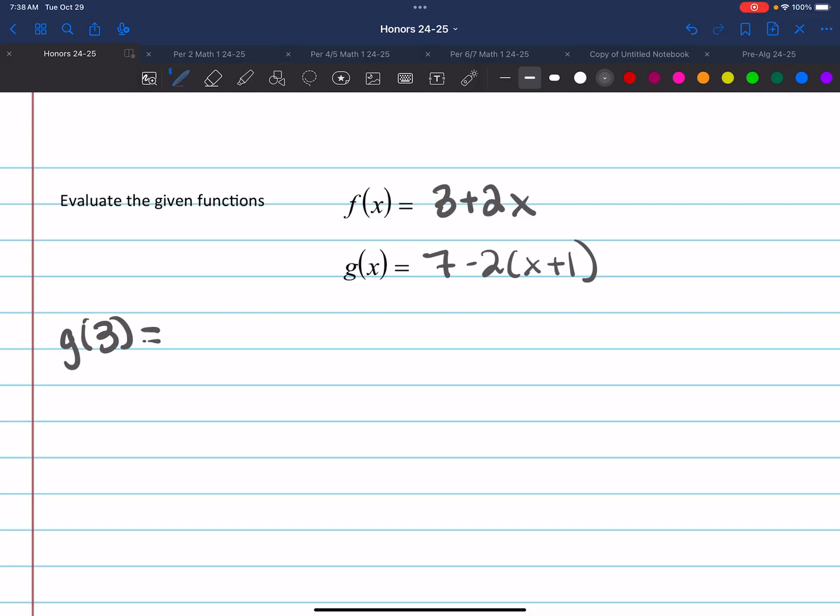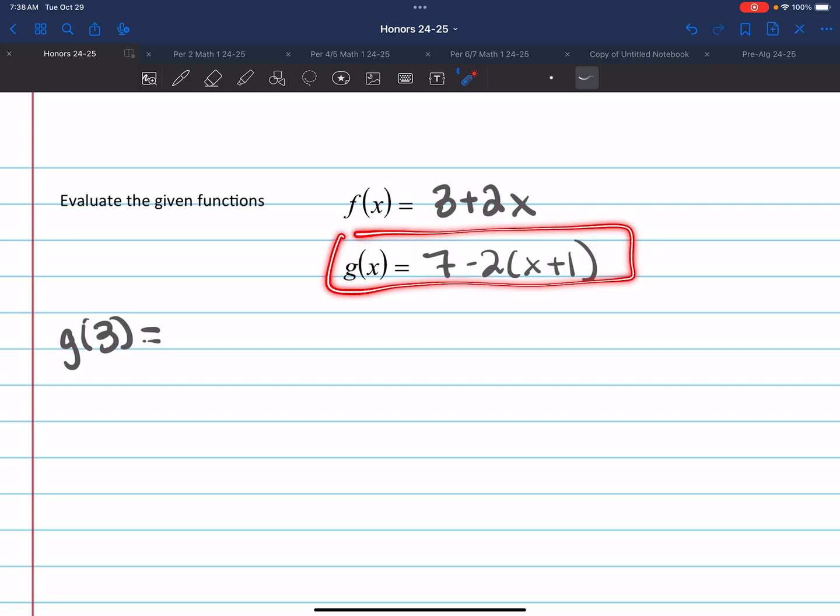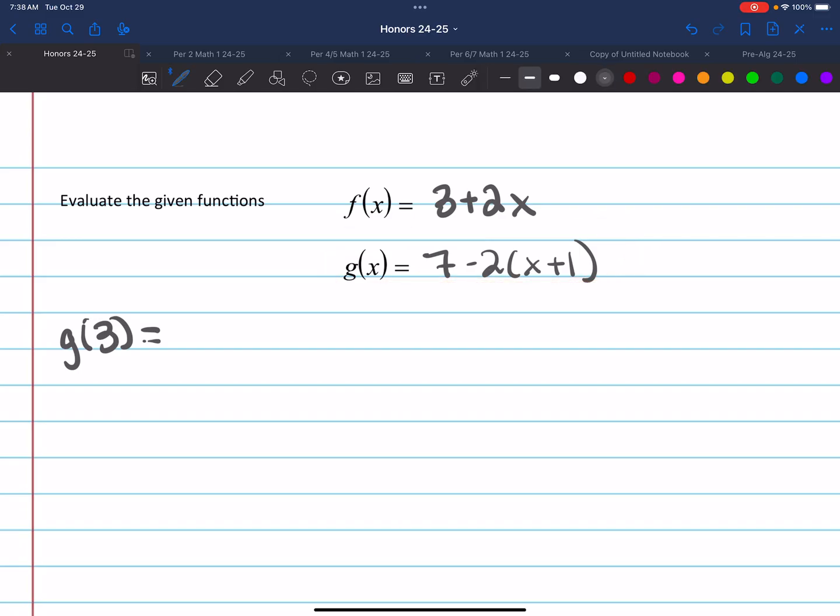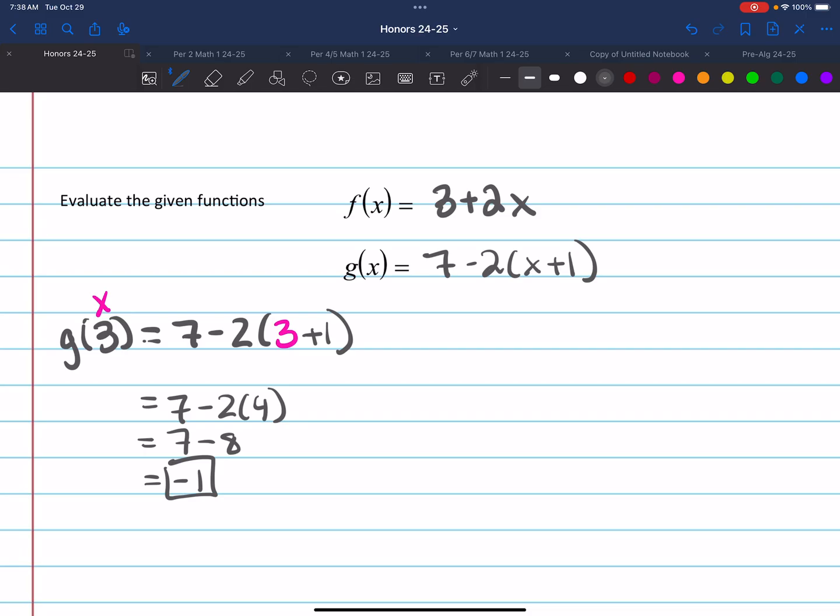I'm going to use the g of x equation here, but instead of x, I'm going to replace all my x's with this 3. So when I rewrite this, I got 7 minus 2 times 3 plus 1. And then I just evaluate from here. Then I have 7 minus 2 times 4, which gives me 7 minus 8, which is equal to negative 1.